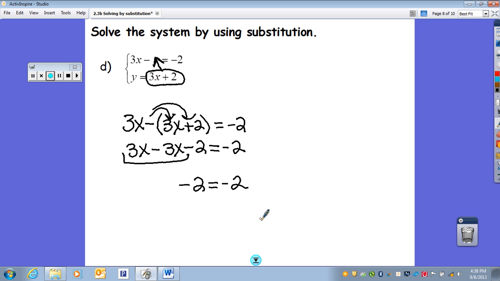I think we've seen that before. Does negative 2 equal negative 2? Yes, it does. And since it is true, that means that we have infinite solutions. And if you remember from our previous lesson, if we have infinite solutions when we are finding the solution to a system, then these two lines are the same line.